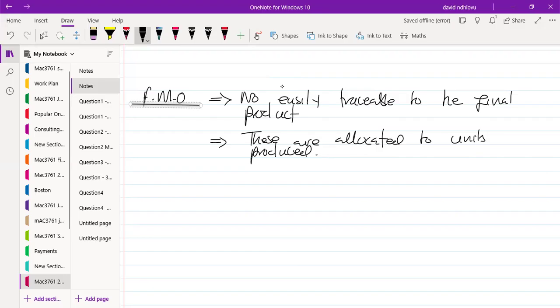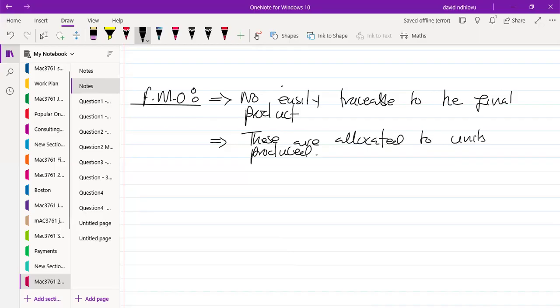When you acquire direct labor, you know exactly which product they are going to manufacture. So you don't have to allocate that cost. It's a specific cost. When you incur it, you know you are going to be charging it to this particular product or job. That's the variable manufacturing overhead.